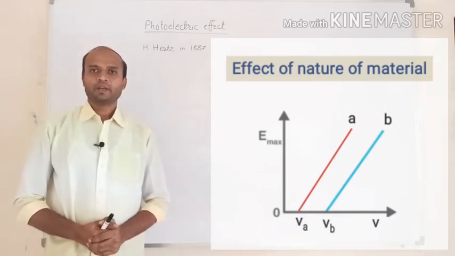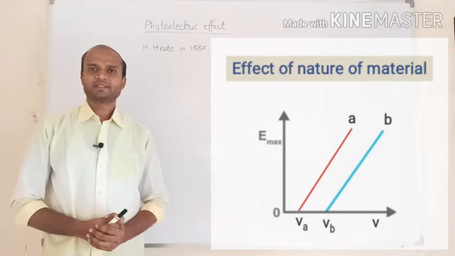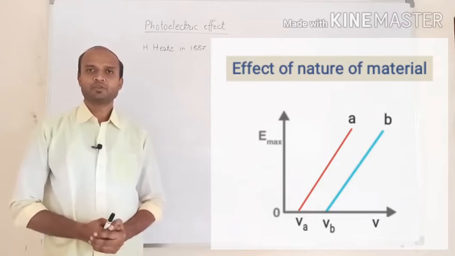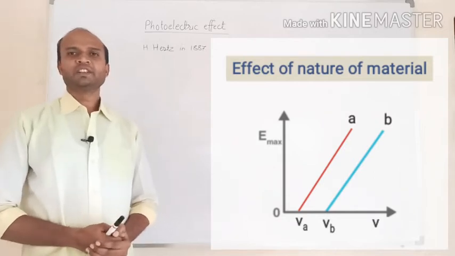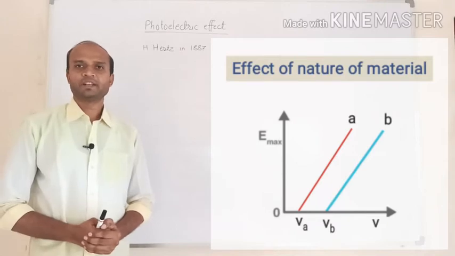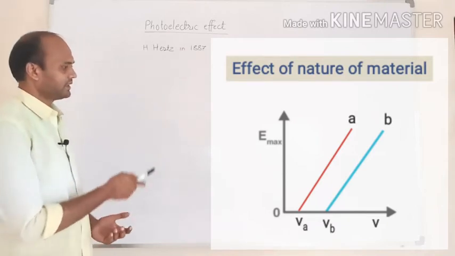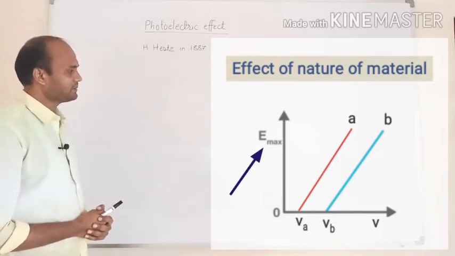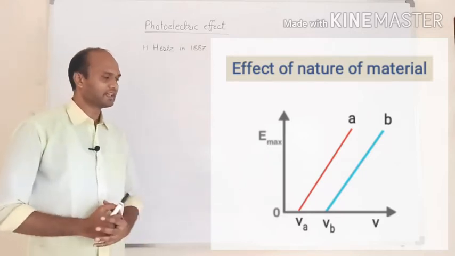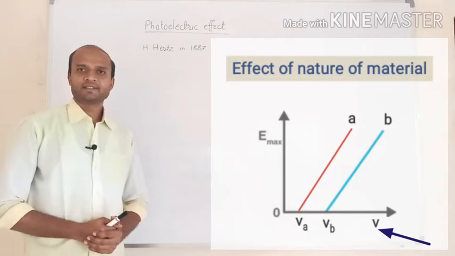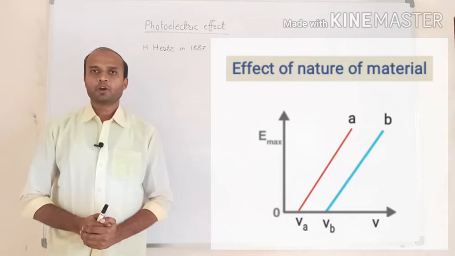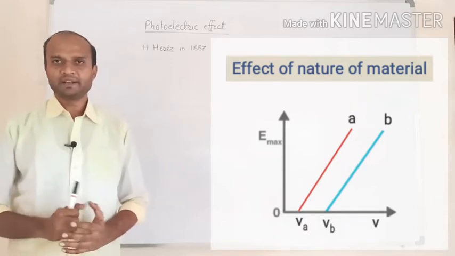So, in the same graph we can also study the effect of the nature of the photosensitive material. Let me plot the graph between maximum kinetic energy, taken along the y-axis, and frequency, taken along the x-axis, and we get two curves for two different metals.